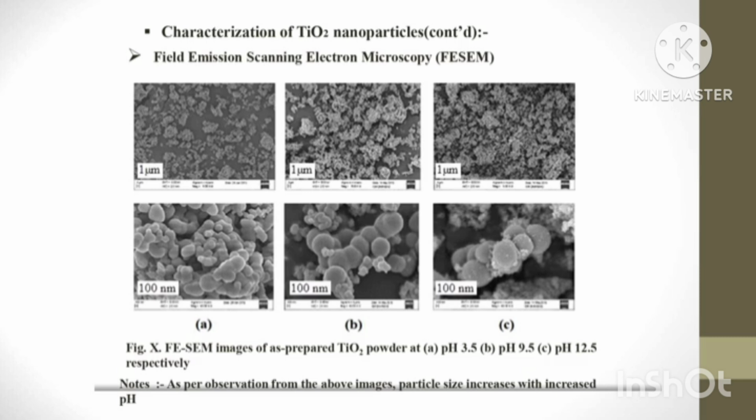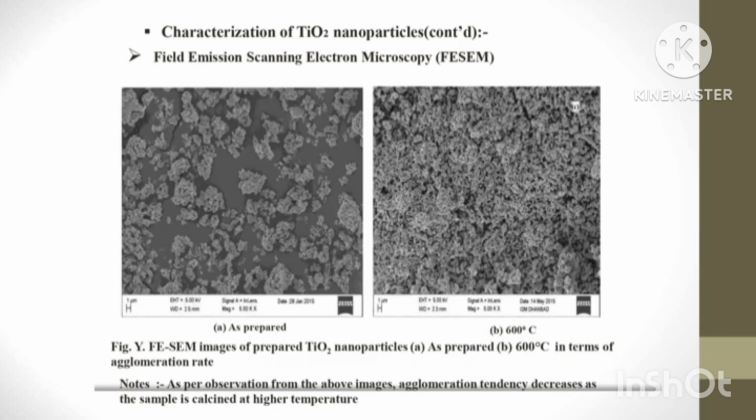So you have the proof, you have the justification, that as the pH is increased, your particle size is also increasing. Just keep in mind that you have to insert your figures parallelly so that the audience can see them properly, and you have to use the same resolution. The conditions should be the same. Then only you can figure it out.